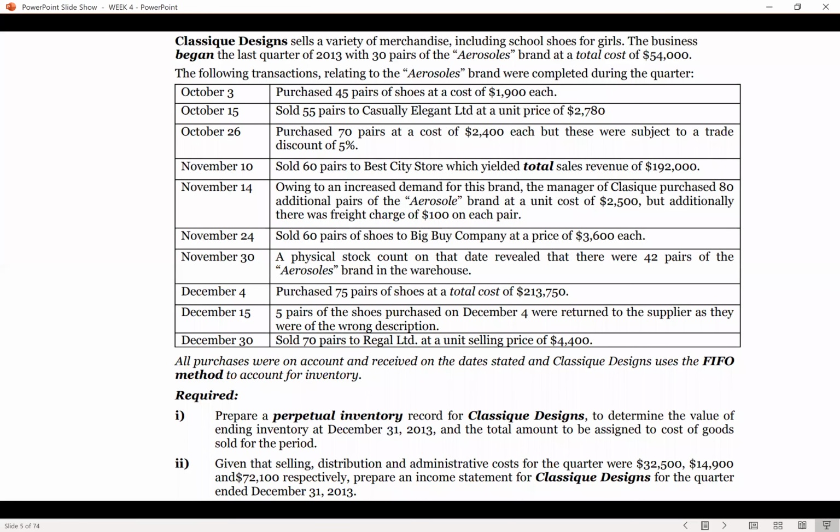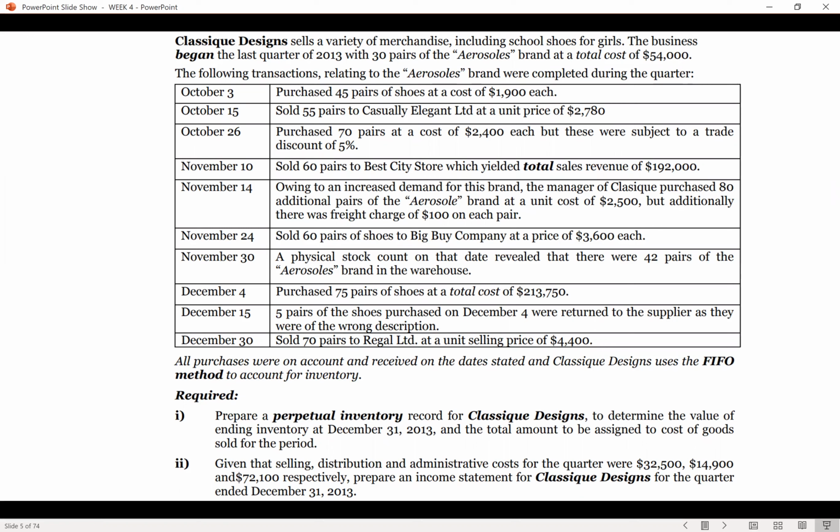The question says, Classiques Design, a merchandiser, sells school shoes for girls. The business began the last quarter of 2013 with 30 pairs of shoes at a total cost of $54,000. So this was ending inventory for 2013.